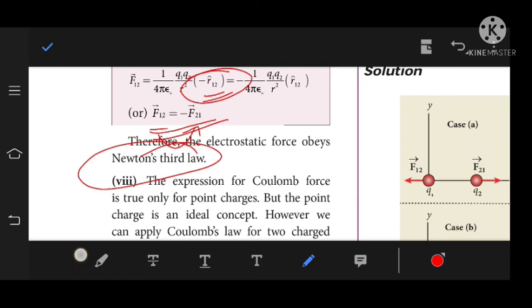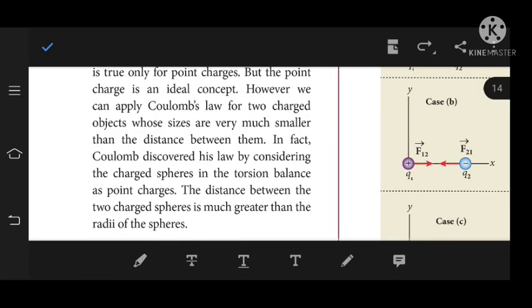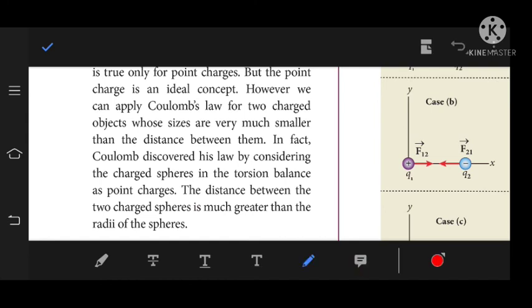The expression for Coulomb force is true only for point charges. For a continuous charge distribution, Coulomb's law is invalid. But the point charge is an ideal concept. Why do we say ideal concept? Because we can't pick a smallest charge, because of the quantization of electric charge we have discussed.